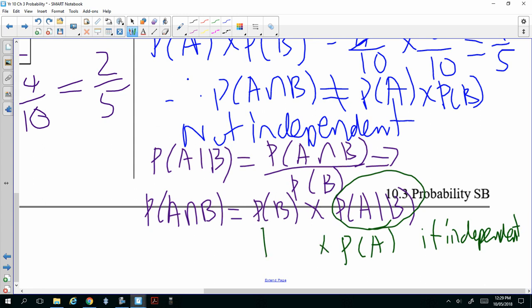If it's independent, it's the same as testing whether this equals P(A) times P(B). That's another way to check whether they're independent.